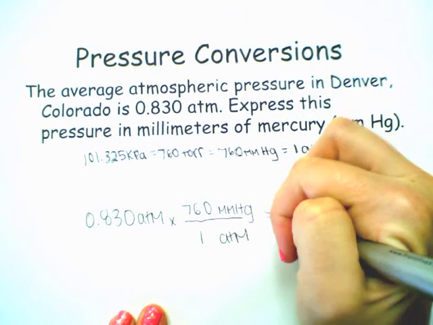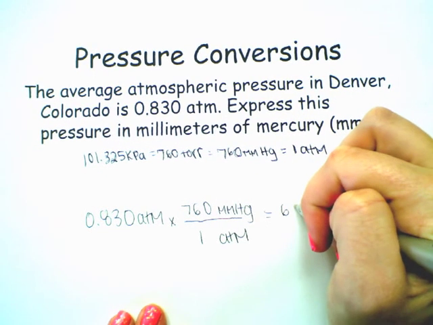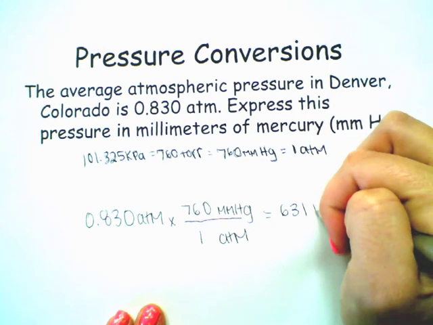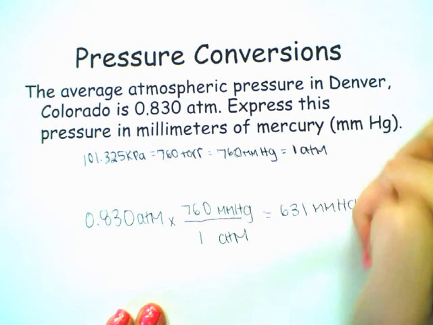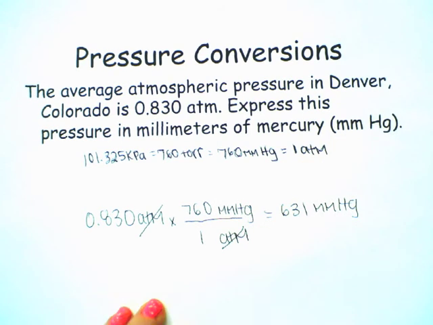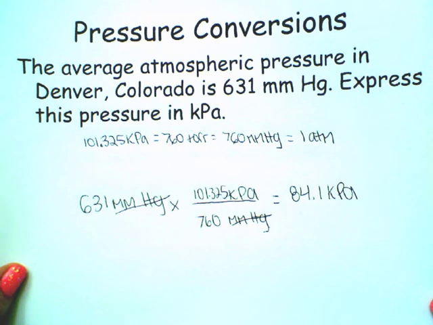And I get 600, let's call that 631 for significant figures. And if you look back at the previous problem, which started with the atmospheric pressure in millimeters of mercury, we got the same answer.